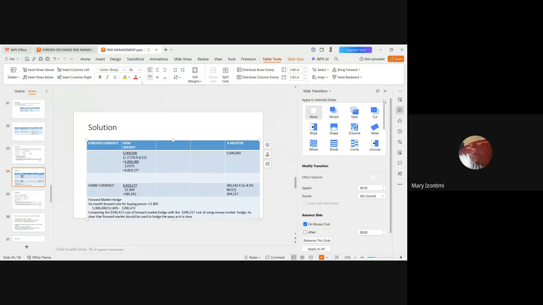Forward contract on forward market, as it is cheaper.